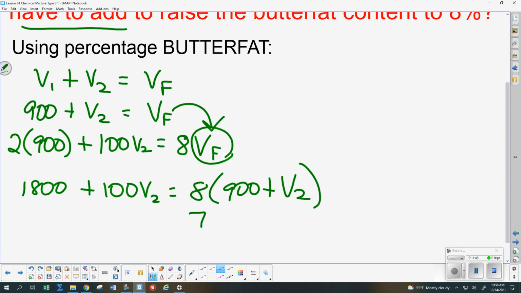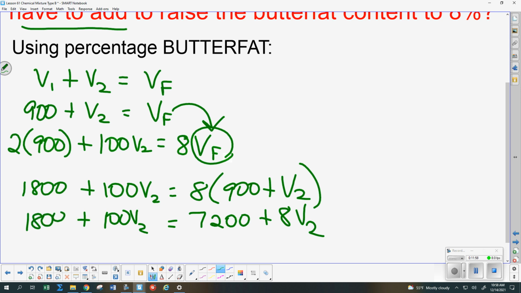So that is 7200 plus 8 V2, I think. Check my work on that. Does this look right so far? And so if I subtract my 8 V2 on both sides, do I have 92 V2 here on the left? Thumbs up, thumbs down, check my work.